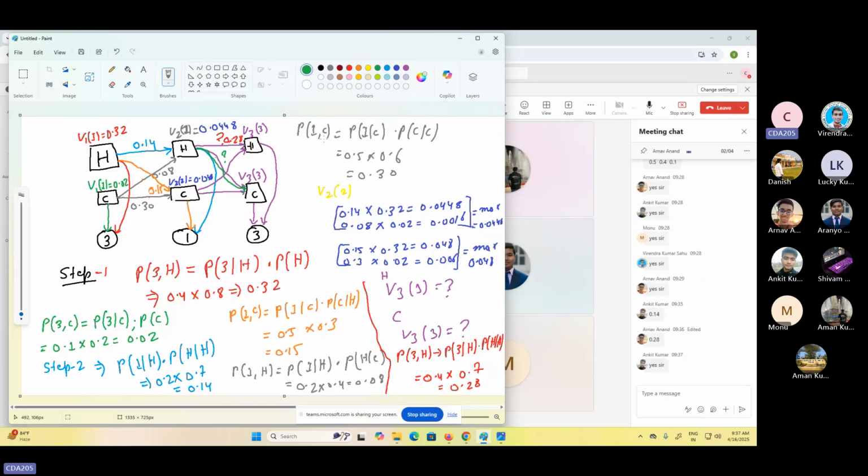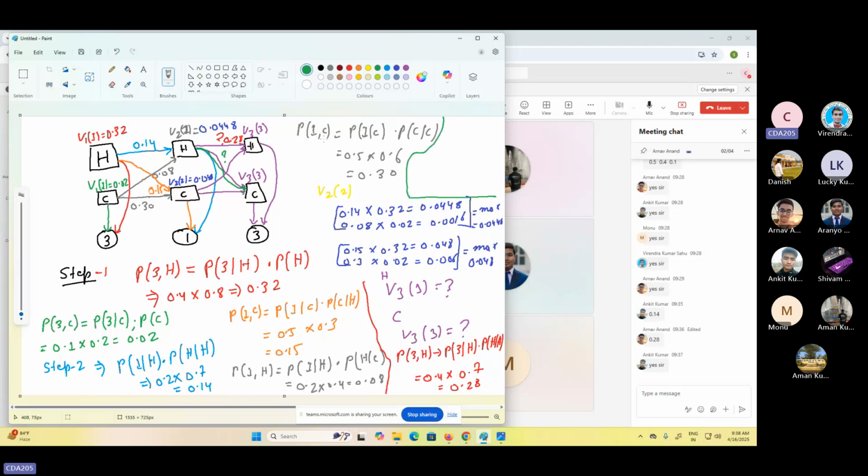Now we calculate for H to C. This H to C, what will the value be? Anyone calculated? So here I can show you this. Here I am writing here.